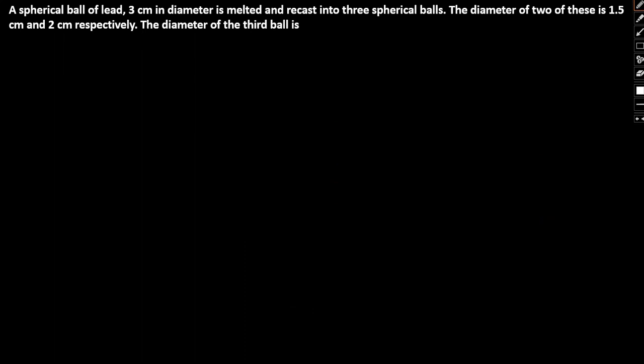So initially, what we can write is that the volume of a sphere is given by 4/3 πr³. So let the volume of the spherical ball equal 4/3 πr1³ plus 4/3 πr2³ plus 4/3 πr3³.